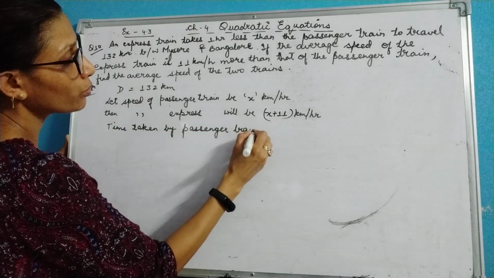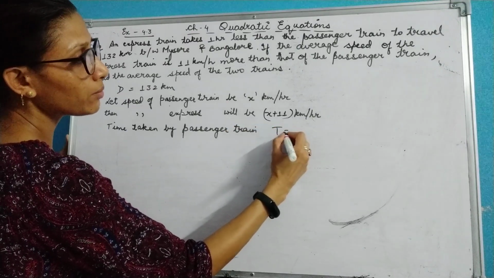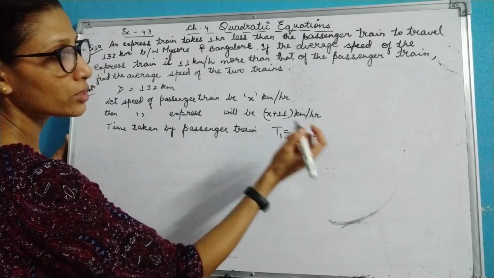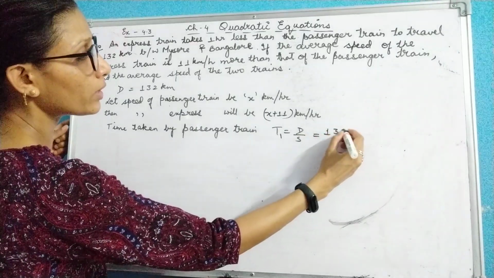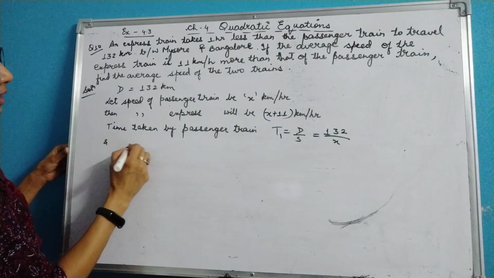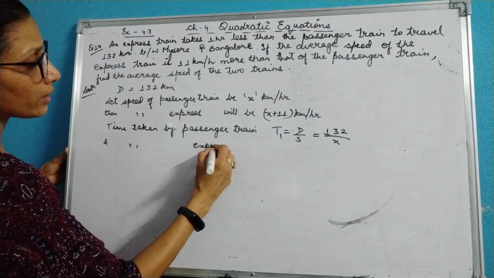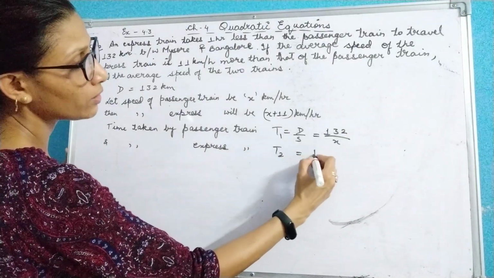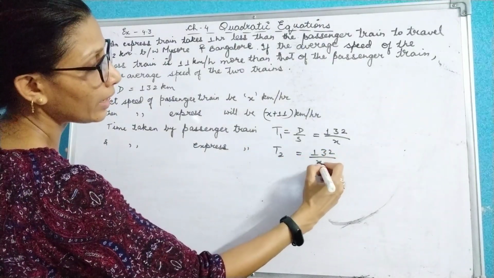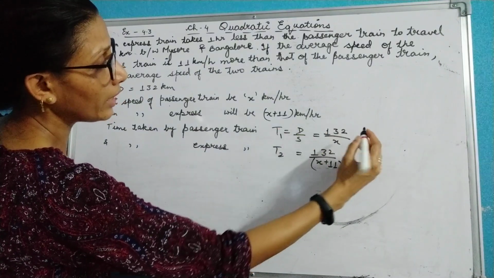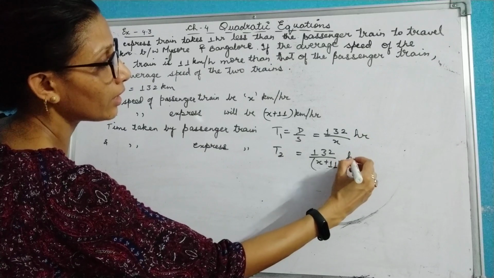You know your time formula is time equal to distance upon speed. So I can write it as T1 say. Your distance is 132 and your speed is x kilometer per hour, and time taken by the express train is say T2, and it will be 132 by x plus 11. This is time.